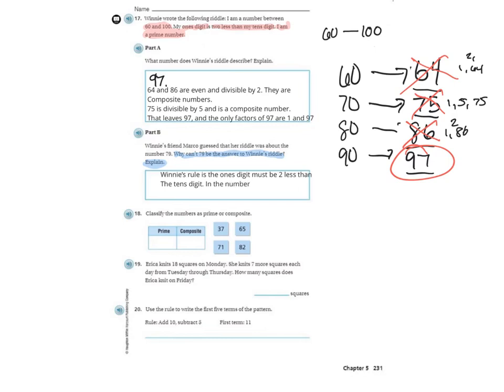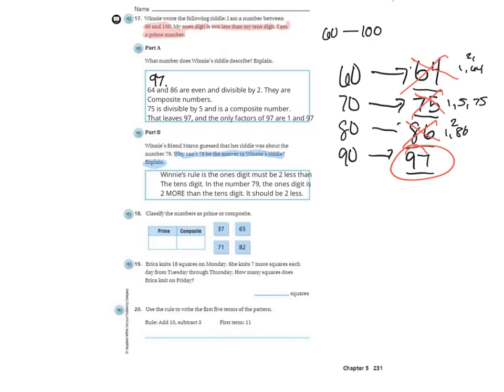In the number 79, the ones digit is 2 more, and I would probably even put more than the tens digit. If you left it like that, then you are totally correct, because then you can say it should be 2 less. That's fine.